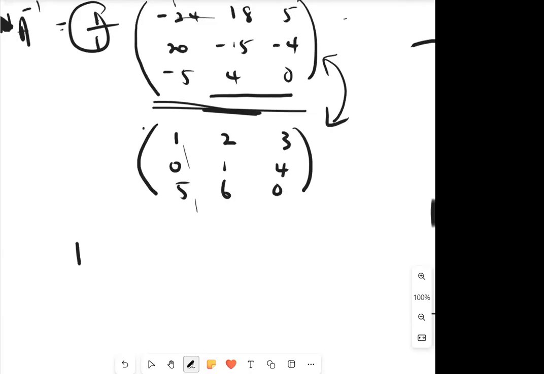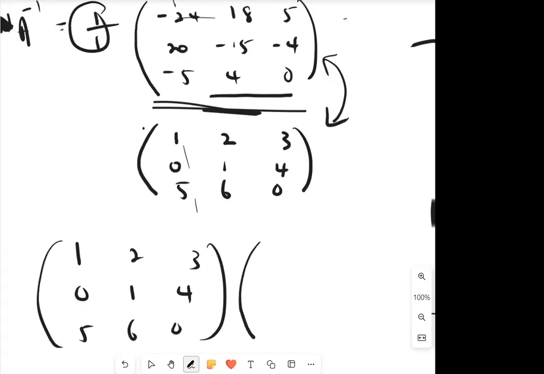So you got 1, 2, 3, 0, I hope I had the right matrix, 5, 6, times minus 24, 18, 5, 20, minus 15, minus 4, 5, 4.